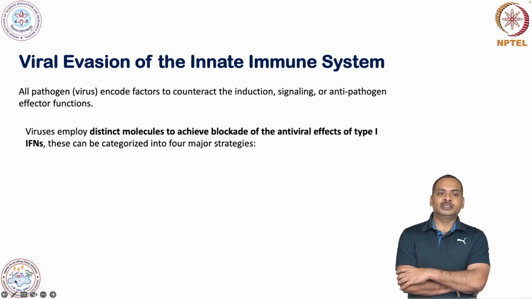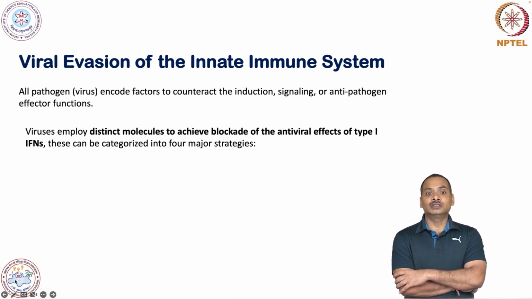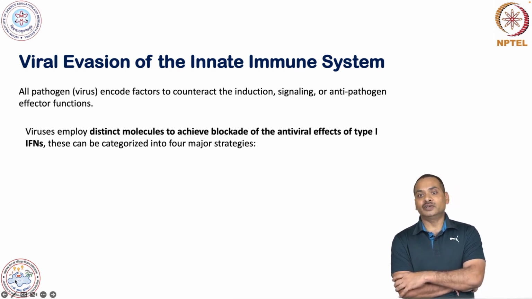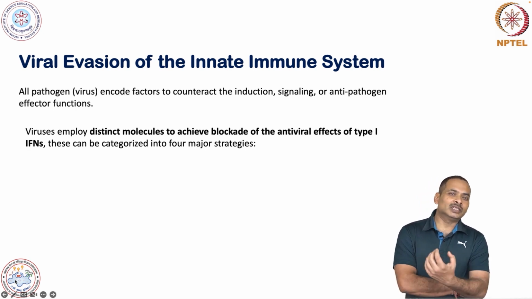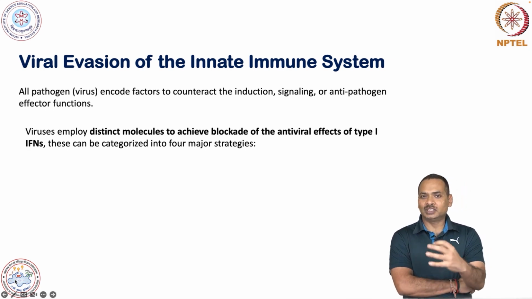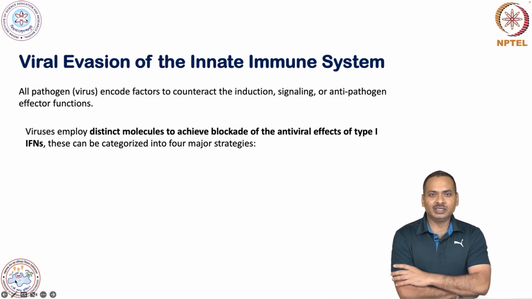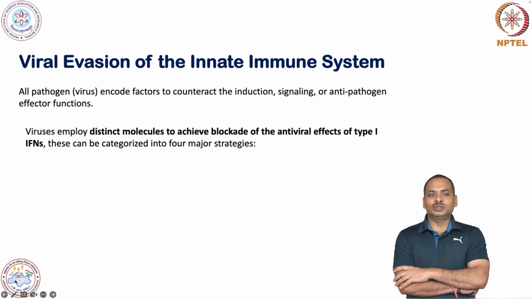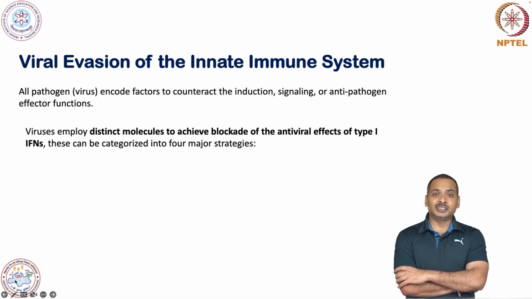So viruses employ distinct molecules to achieve blockage of the antiviral effect of type 1 interferon. You know that type 1 interferon is very pivotal in checking viral replication, particularly in innate immunity.